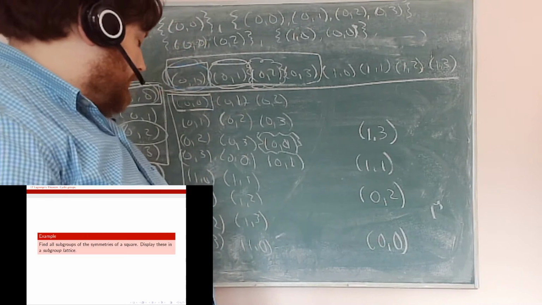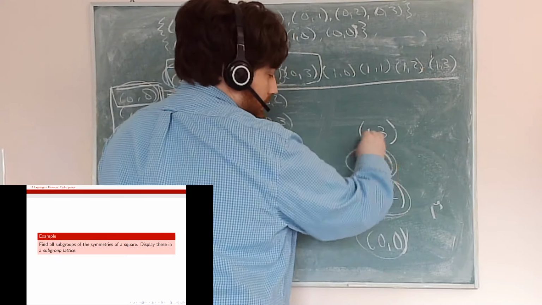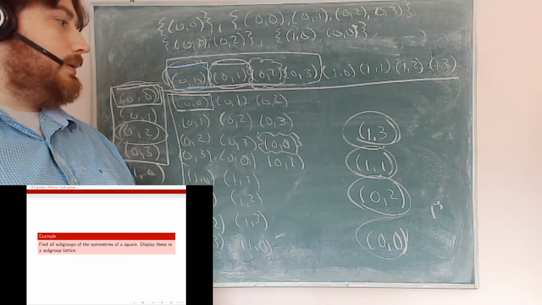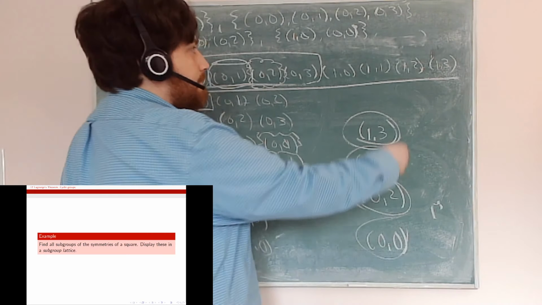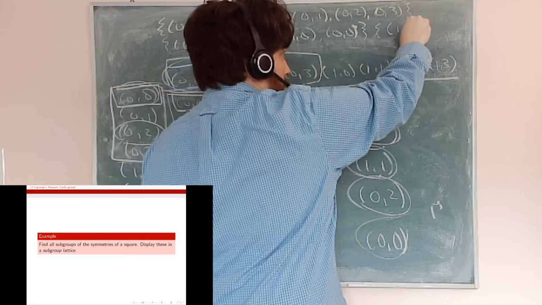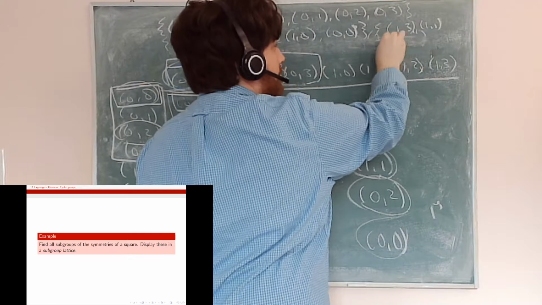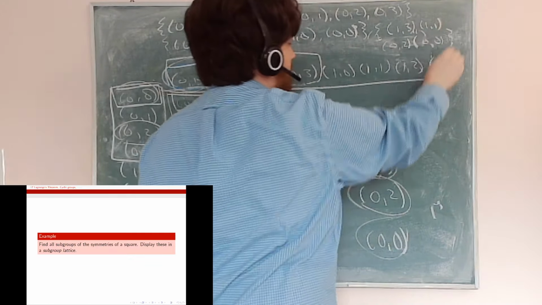And so I have (0,0), (0,2), (1,1), (1,3). I'm going to have 4 elements in that group: (1,3), (1,1), (0,2), and (0,0).